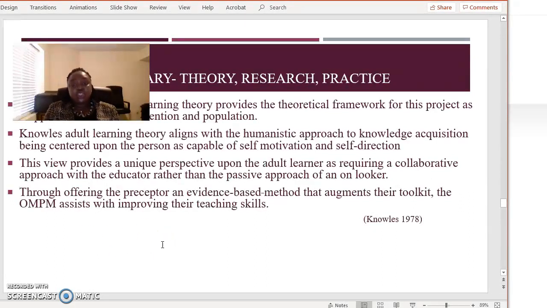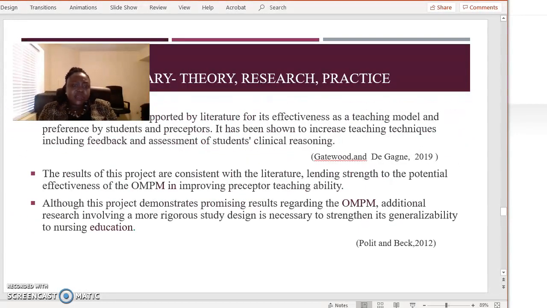Knowles' adult learning theory provides a theoretical framework for this project, and it applies both to the intervention and to the population. Knowles' learning theory aligns with the humanistic approach to knowledge acquisition, being centered upon the person as capable of self-motivation and self-direction. So with this method, the preceptor is able to bring out the best from the preceptee.